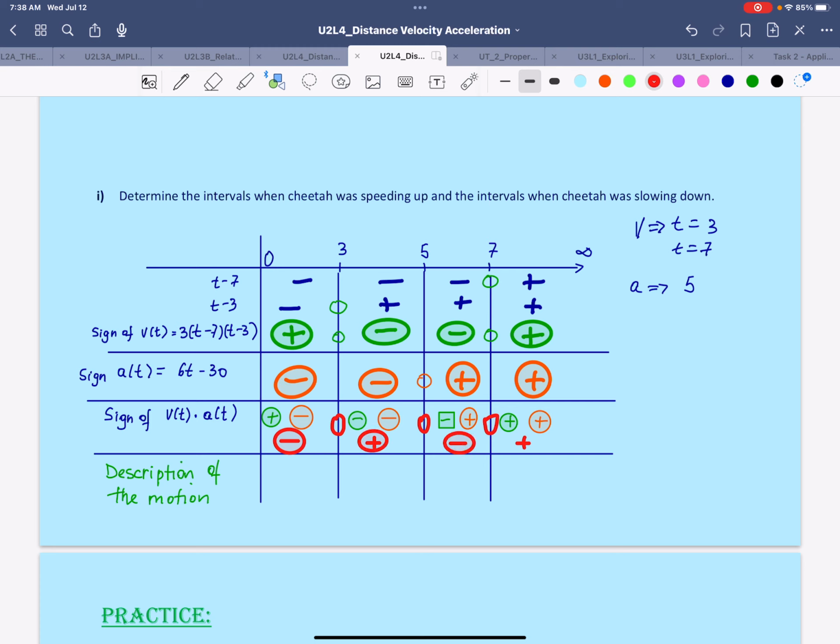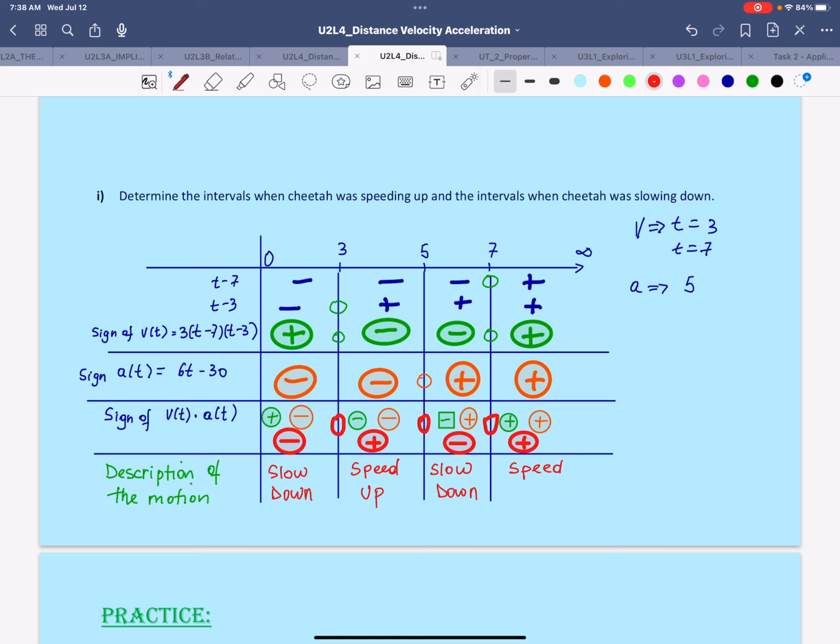So here go our signs. Minus, plus. So whenever the sign of velocity with acceleration is negative, the object is slowing down. When positive, speed up. Negative again, slow down. And positive, speed up.